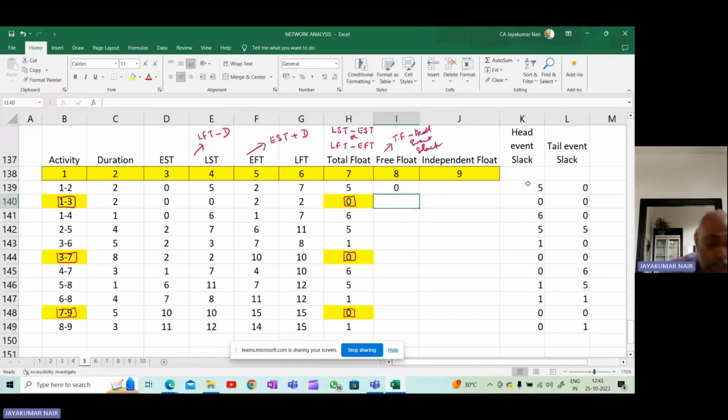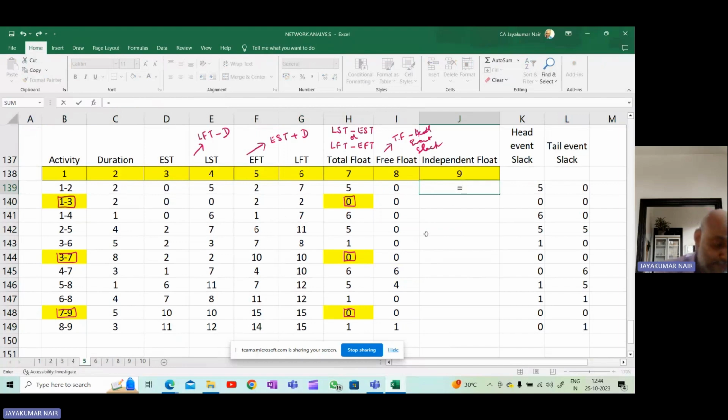We have written it here. You minus it. So in case you get a negative value, that negative value will be restricted to 0. If at all there are any negative values, you should not write negative here. You have to take it as 0.